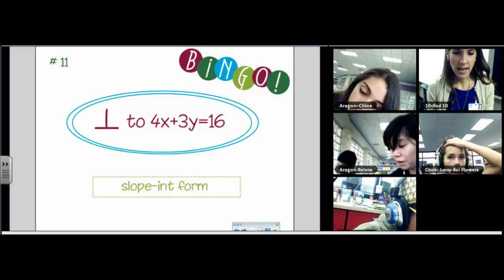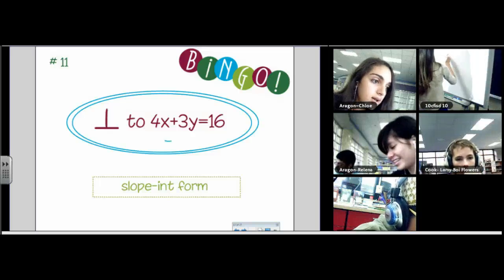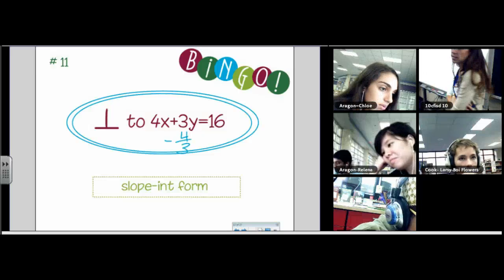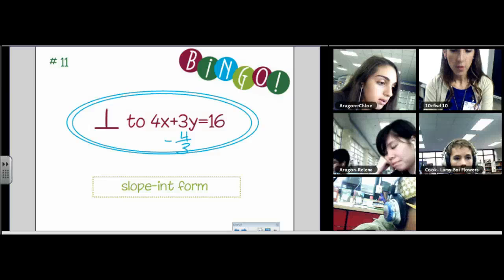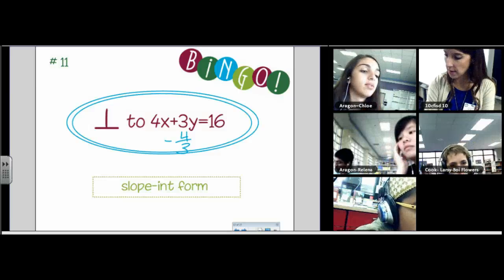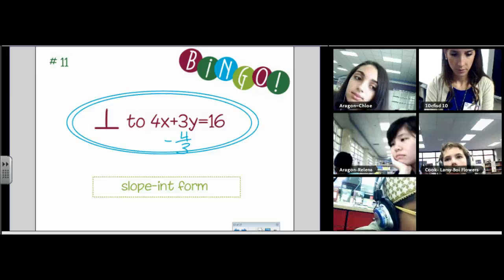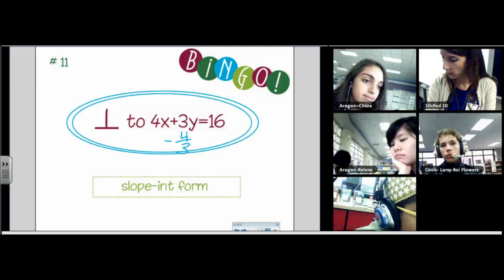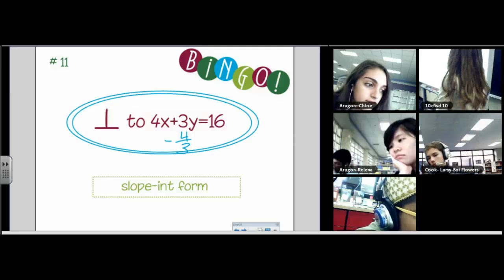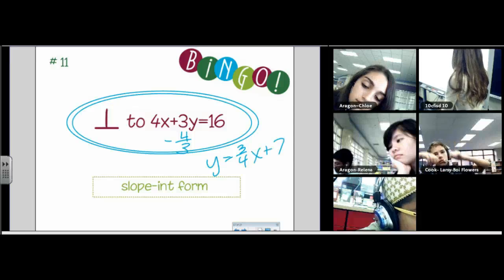Very quick. Okay, negative 4/3 is the slope. So we want to be perpendicular to that. So what slope would our line have on our bingo card? 3/4. Very good. Did you find it? What's the answer? Y equals 3/4 x plus 7. Yep.